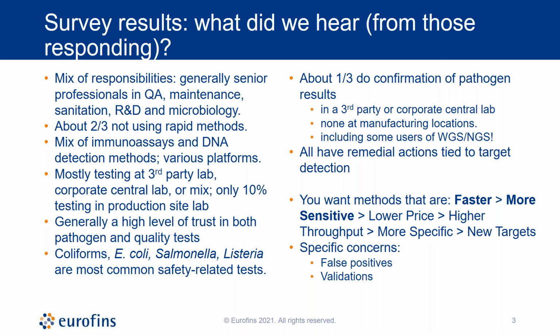About 1/3 of you said you're doing confirmation of pathogen results. I suspect that ties to the 1/3 that are doing rapid methods, and you're doing those at an off-site location for the most part. You said that you wanted methods that are faster than you have today and more sensitive. Those are your 2 primary asks.